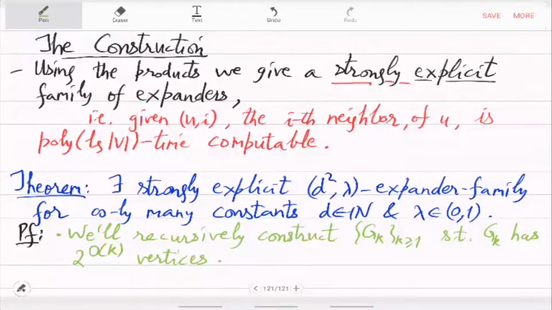Okay, so remember that the expander will be very large. So, it will have these 2 raised to k many vertices, but the time complexity will be polynomial in k. So, it is basically a recursive construction. In k steps, you will get this G_k. So, what are these steps exactly?